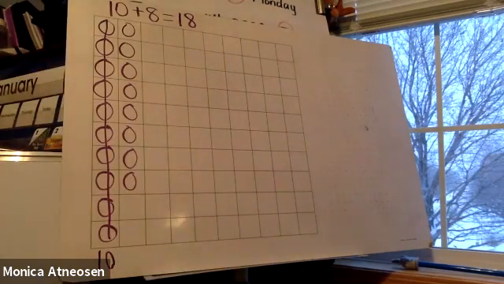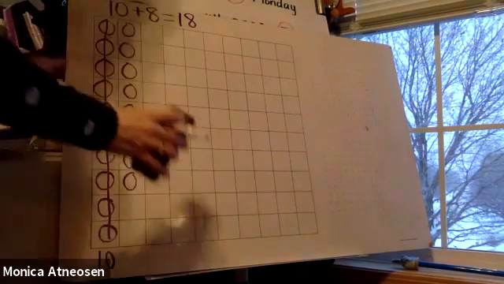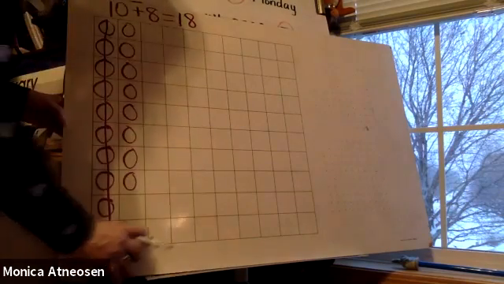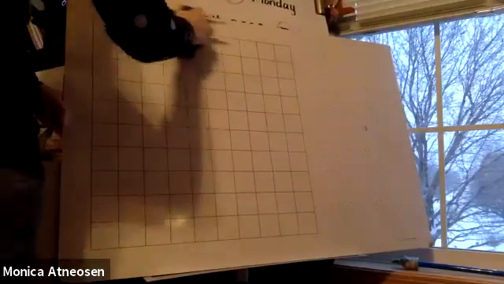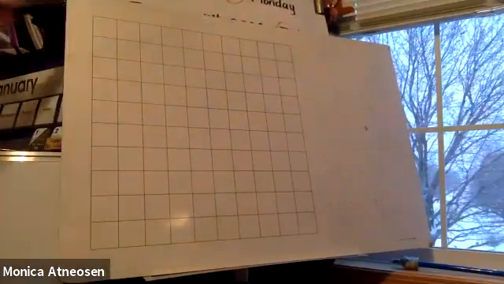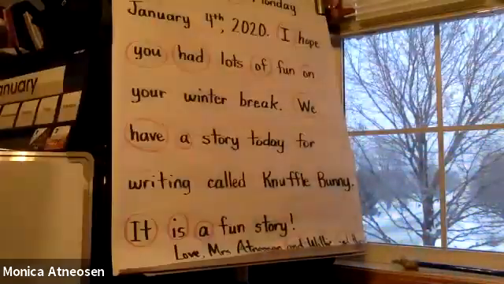Now, we can kind of see what's happening there. Now we're going to start to think about a new way to look at that. And we're going to think of a new way to count it. So I'm going to take all of that off, and I'm going to turn my board to the other side where I have more room.